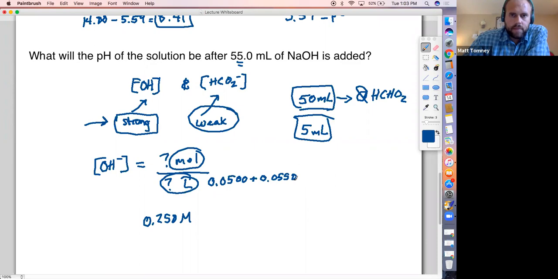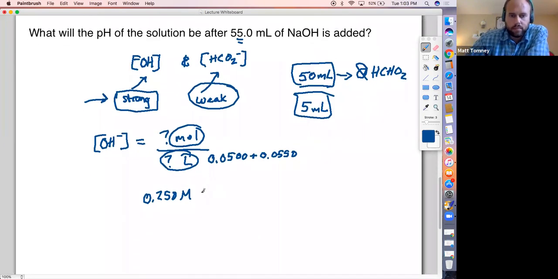Right? 5 milliliters of sodium hydroxide has been added above and beyond the equivalence point. That is the amount that when it hit the solution did not react with acid, has completely dissociated into hydroxide content, and is therefore valid in this equation, right? Because we want to check the pH at this direct point. So what we would do is take this times, instead of 55, just 5 milliliters, which I'm converting into liters because of molarity.